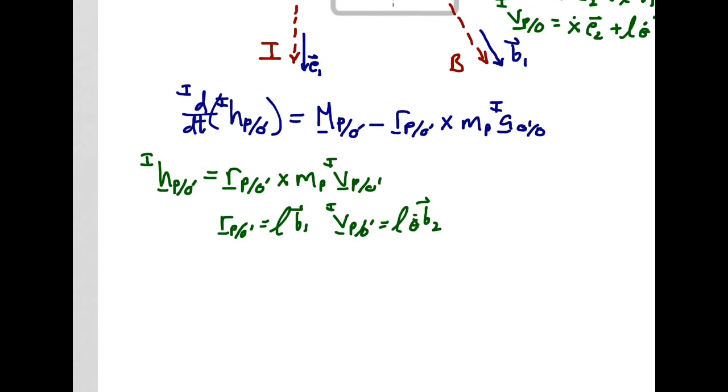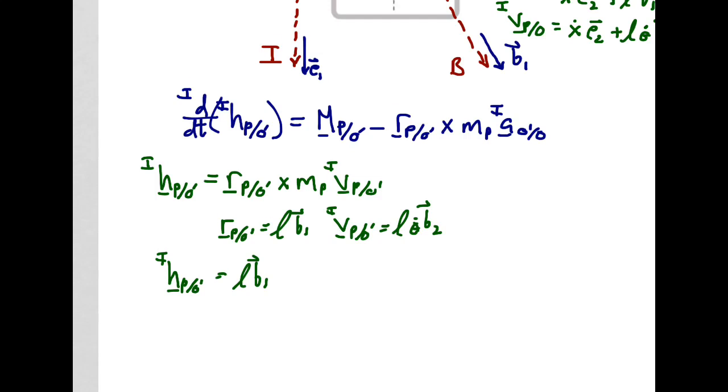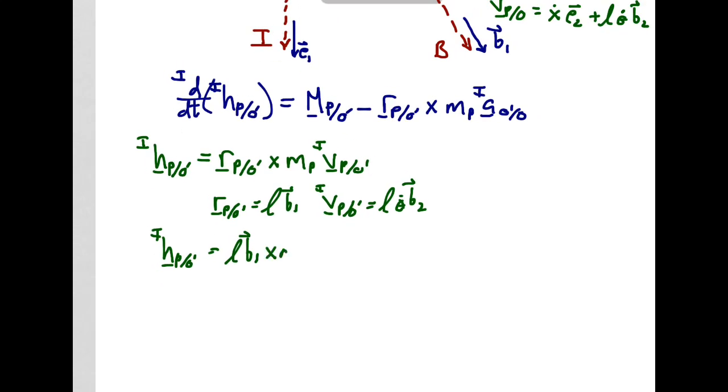Taking the cross product, the angular momentum is L in the B1 direction, crossed with mass times L theta dot in the B2 direction. This simply gives us mass L squared theta dot in the B3 direction.